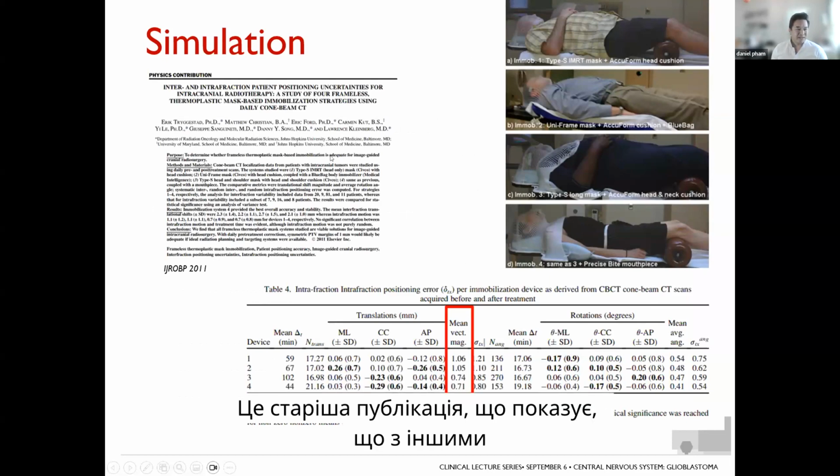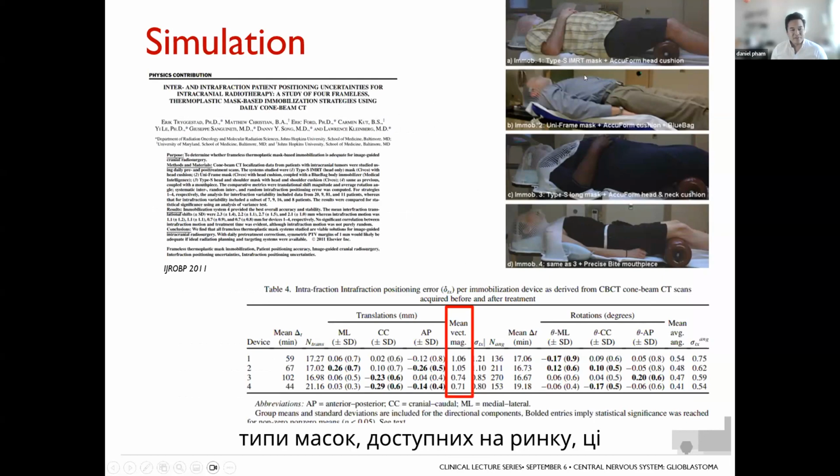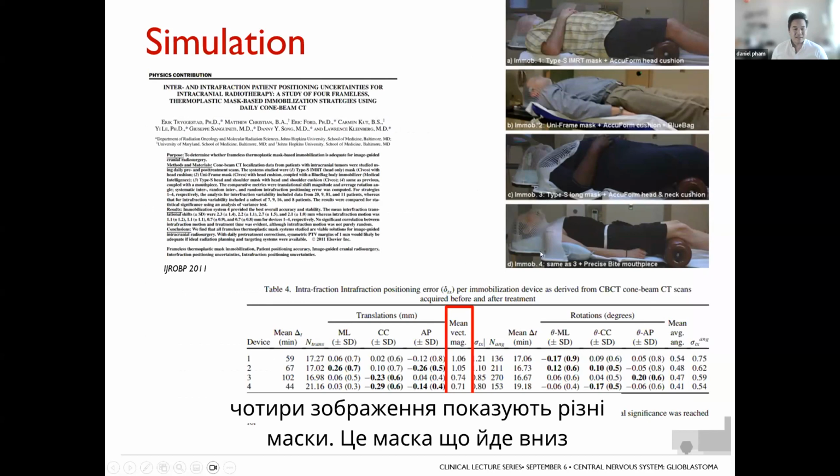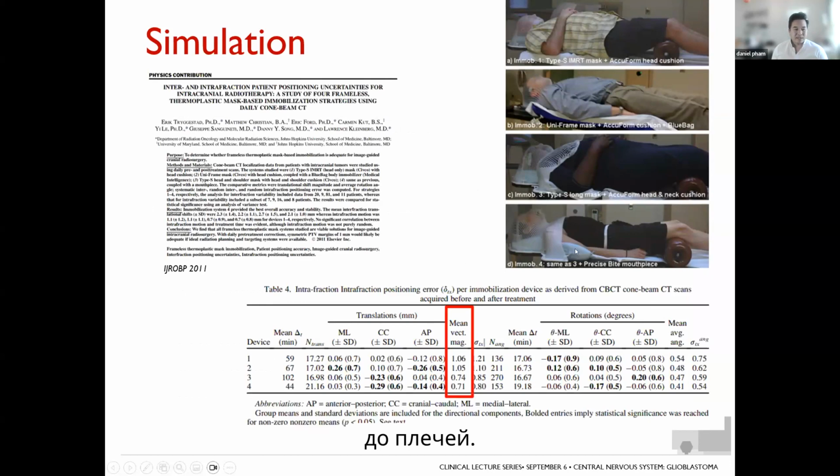This is an older publication in the Red Journal, and it shows the different types of masks that were available on the market at the time. These 4 images show the different masks. This is a mask that goes down to the shoulders, around the neck.